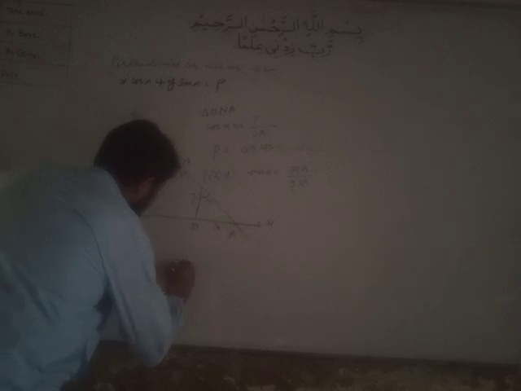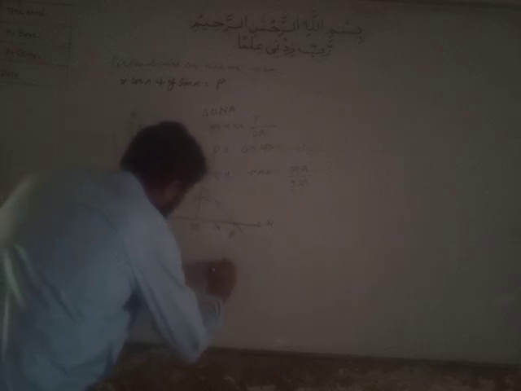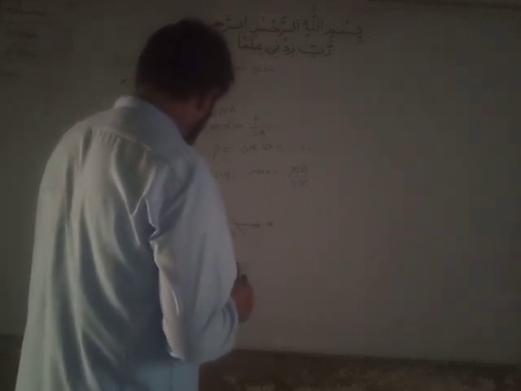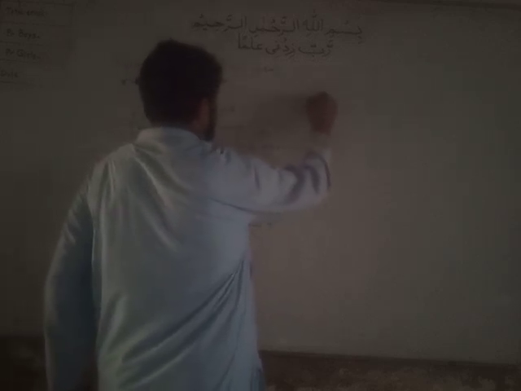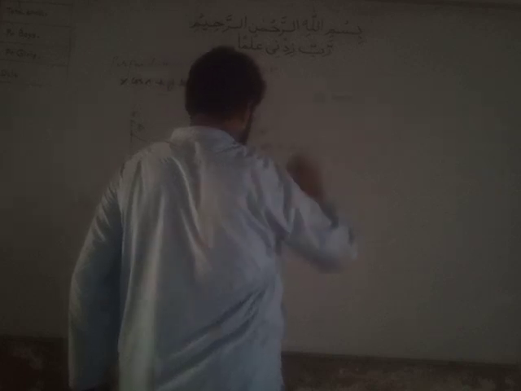So we can say that OA is equal to OM plus MA. So we can say MA is equal to OA minus OM. So here we put p is equal to OA cos alpha.